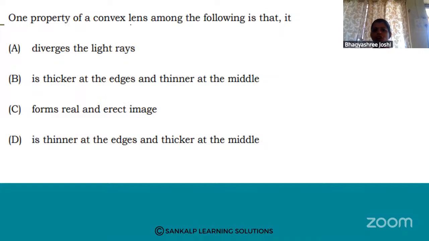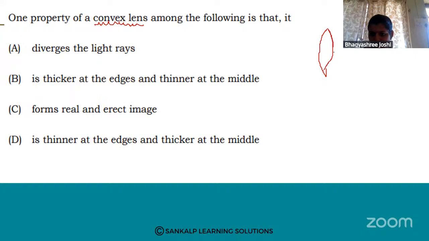One property of a convex lens among the following is: it diverges the light rays; it is thicker at the edges and thinner at the middle; forms real and erect image; it is thinner at the edges and thicker at the middle. Yes, my dear students, they have asked the property of convex lens. Convex lens is like this.